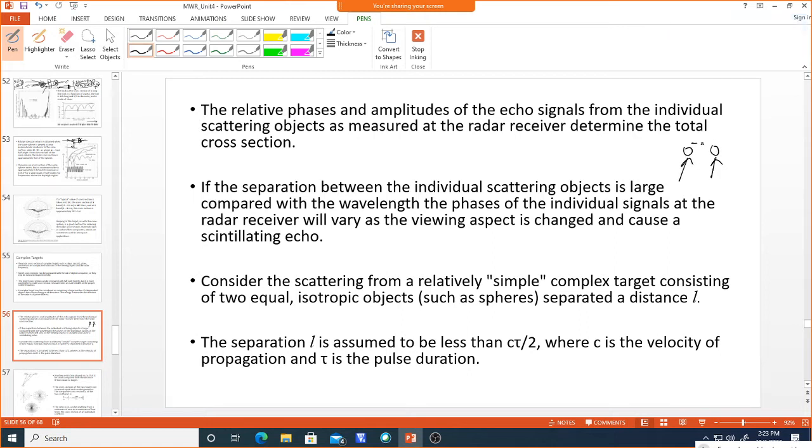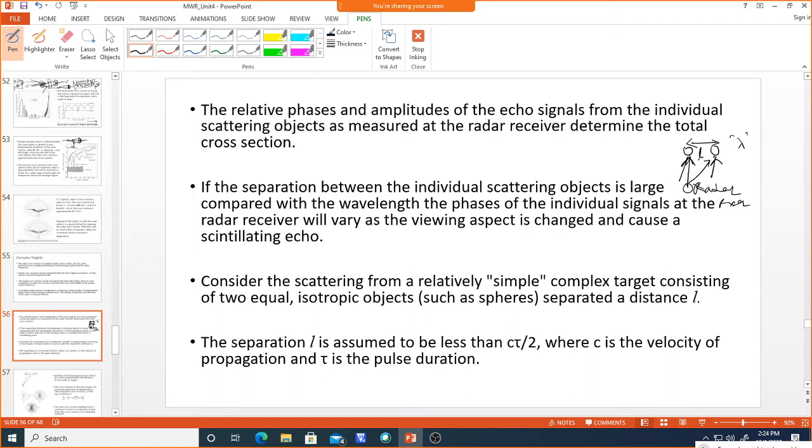If the distance between these two, say some L, is varied with respect to the viewing angle, at the radar receiver there will be different viewing angles. If the distance between these individual signals is comparable with the wavelength of operation, that is the frequency you are transmitting, then the viewing angle will change with respect to the target.